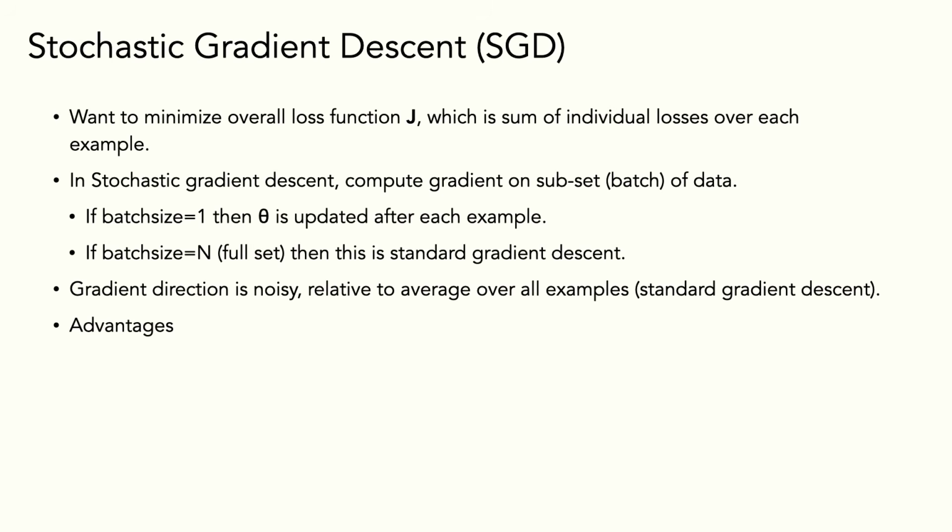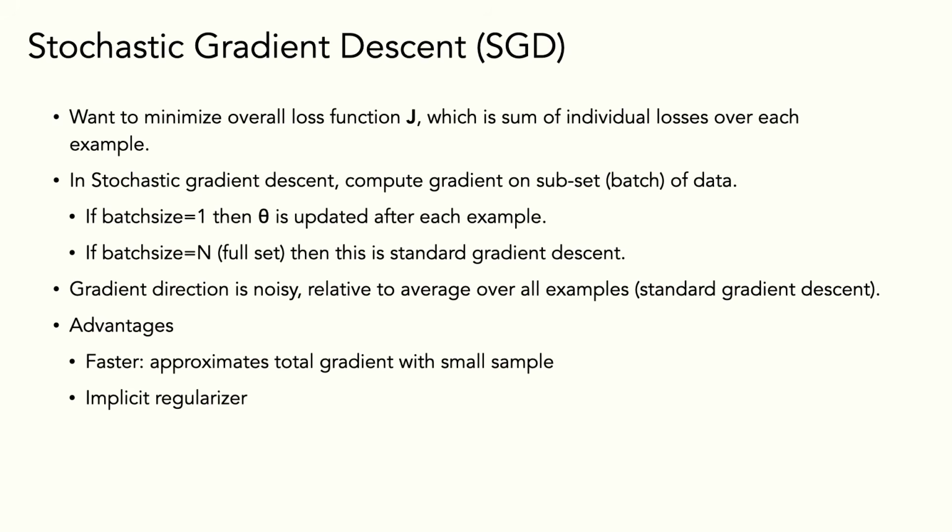But there are advantages of doing stochastic gradient descent. First, it's faster. It's been shown to approximate the total gradient even with small samples. And that noise is actually an implicit regularizer. So one benefit of stochastic gradient descent is it can bounce you out of local minima and help you find something closer to a global minimum.